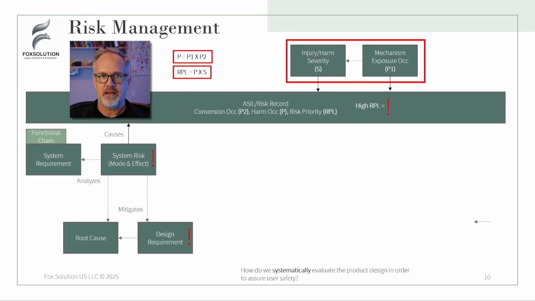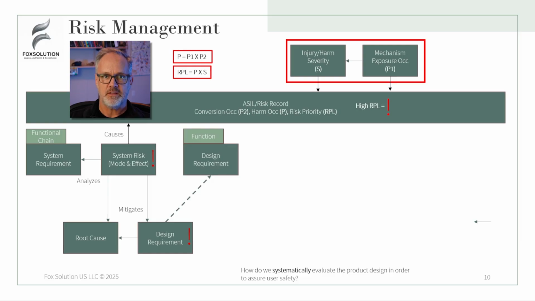Now, the nice thing about that is since we've stamped this risk record as a high RPL, through the traceability it will also stamp the system risk and the design requirement that is the mitigation to control it. So this is really what the FMEA is all about: to evaluate this failure mode and effect, get a root cause, and develop a mitigation strategy that's the next level down in the requirement set.